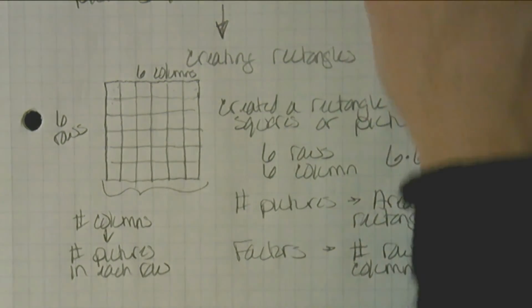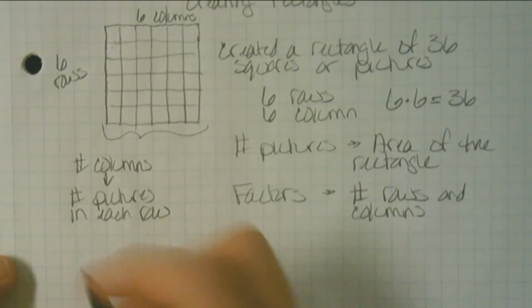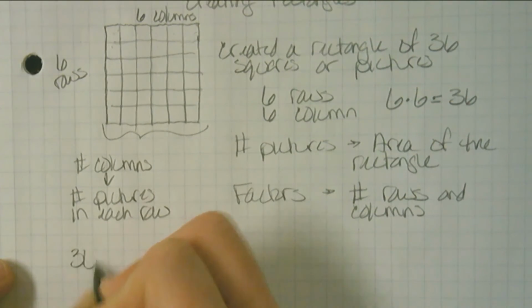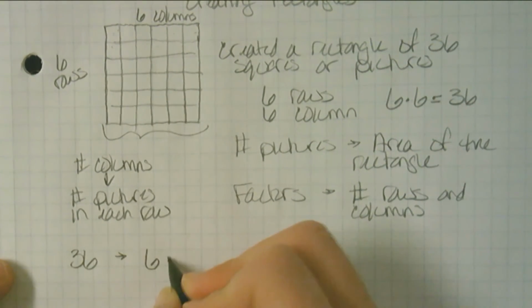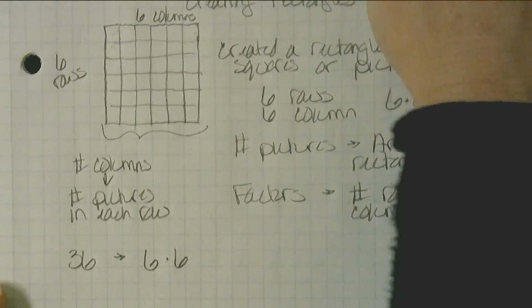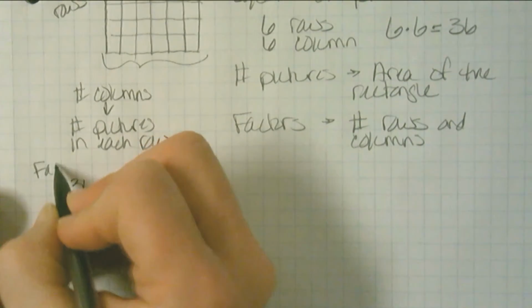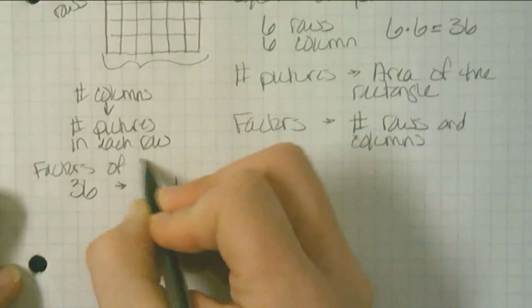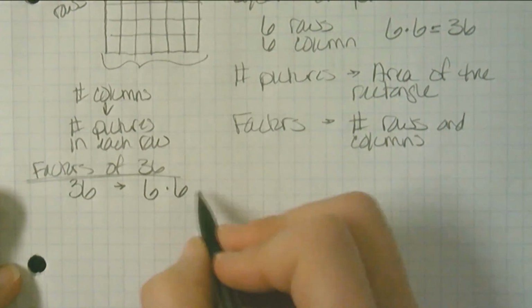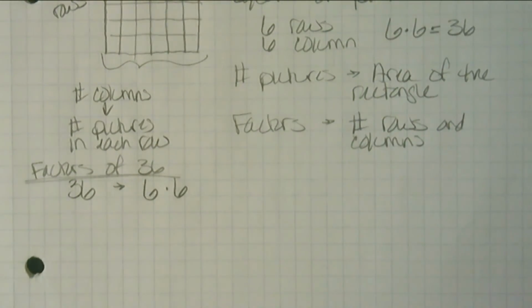What's another possible combination? So if I look at 36, this is 6 times 6. What's another set of factors of 36? We already did 6 times 6.